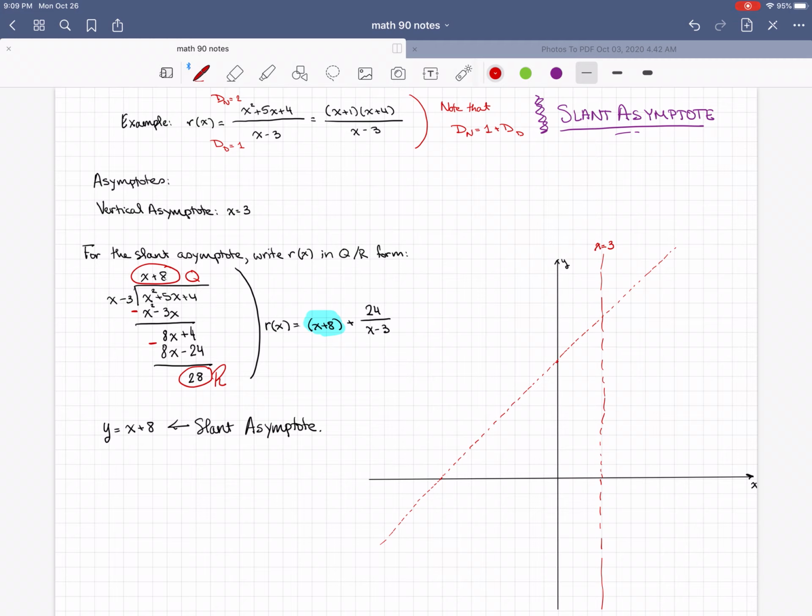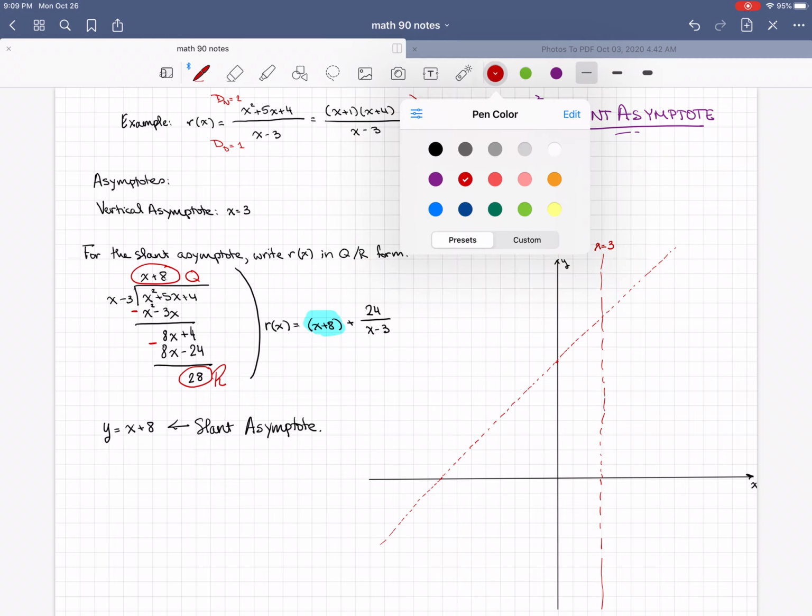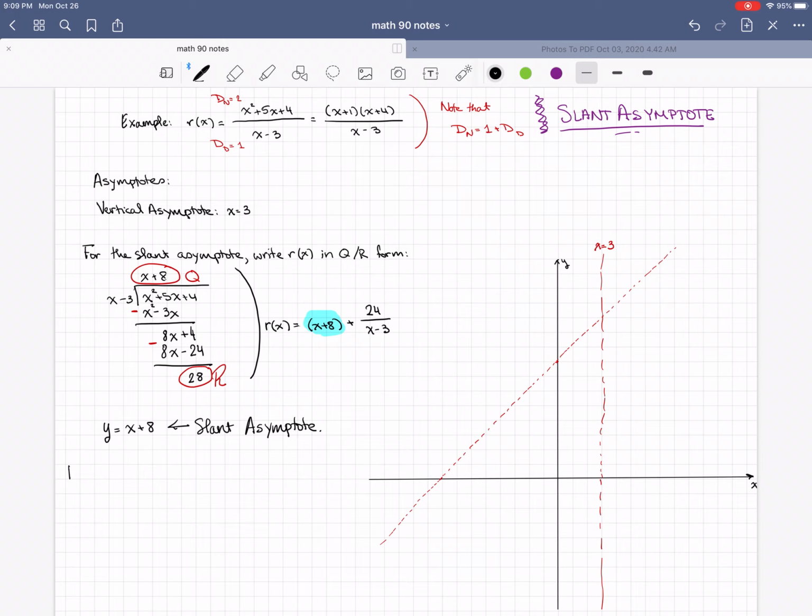Okay, now let's talk about intercepts. Intercepts will again take on 3 shapes. We have our x-intercepts, which are points on the x-axis, meaning points where y is 0. So we set the whole function to 0, and what I hope you remember by now is that you're basically looking at where the numerator is 0.